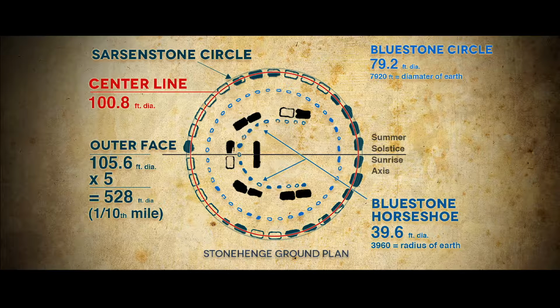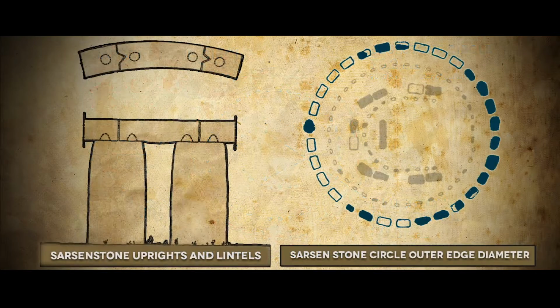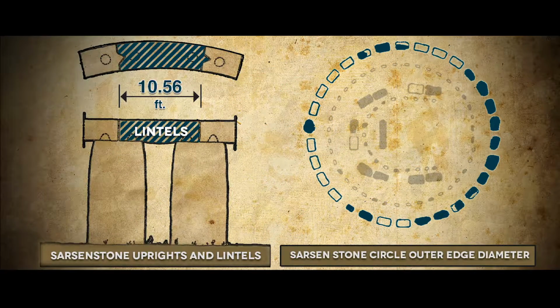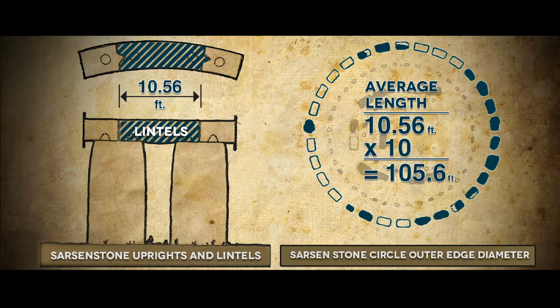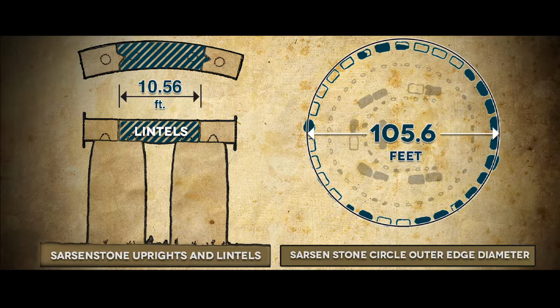The average length of the sarsen stone lintels, which is this, 10.56. So this average length of the uprights and the lintels that separate them is 10.56 feet. Multiply that by 10, you have the overall diameter of the structure.